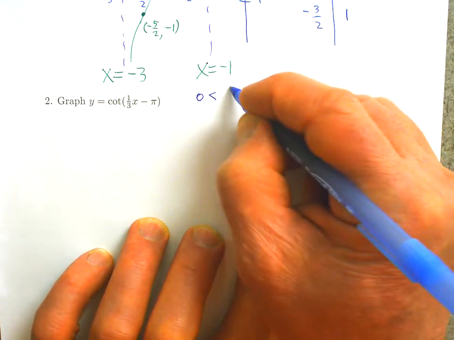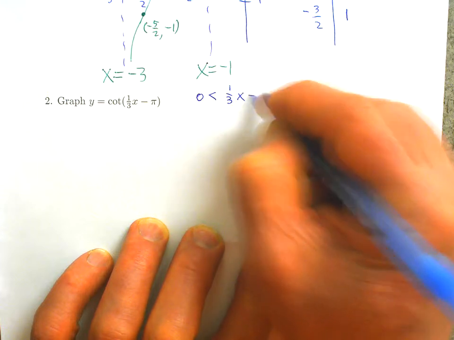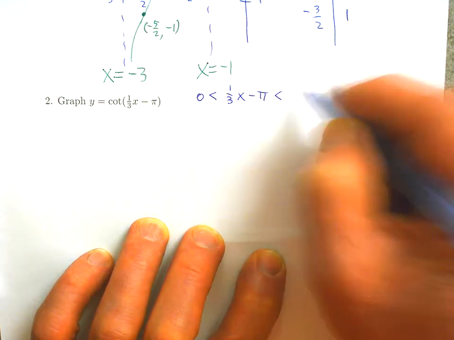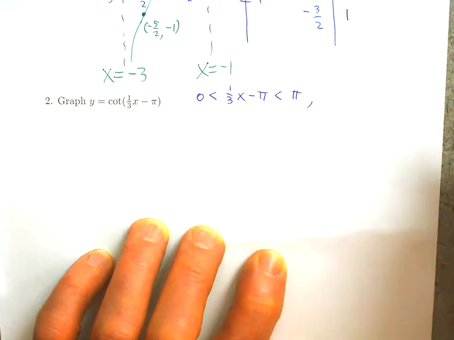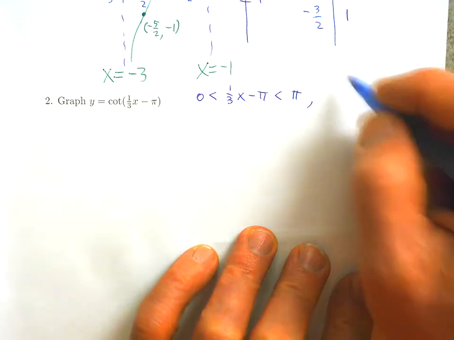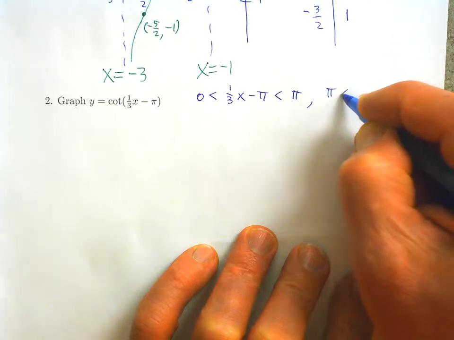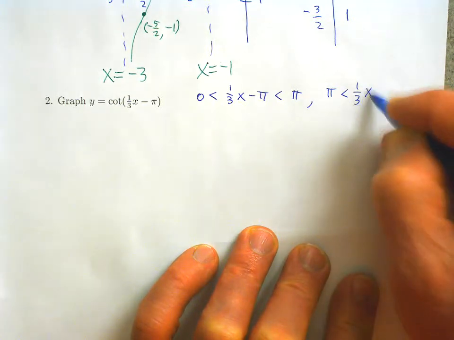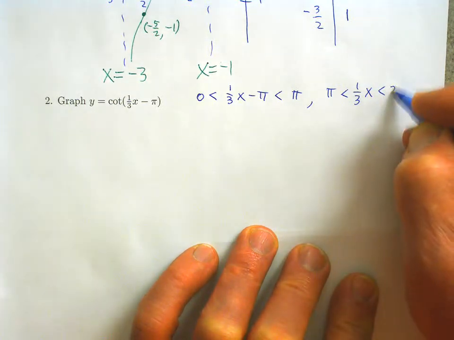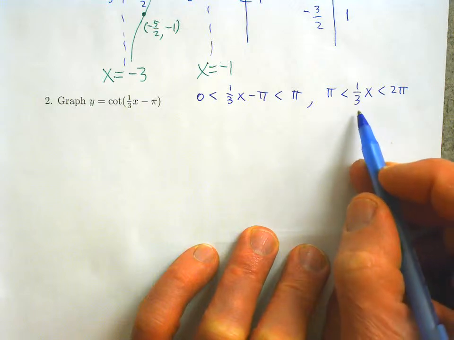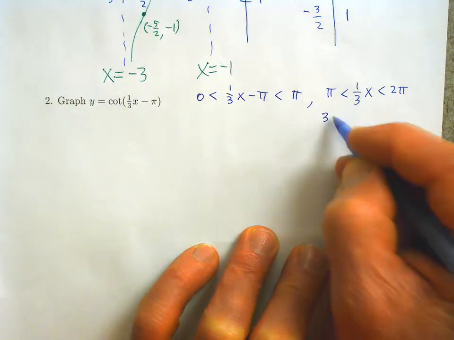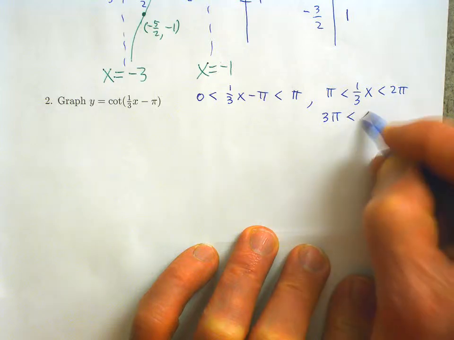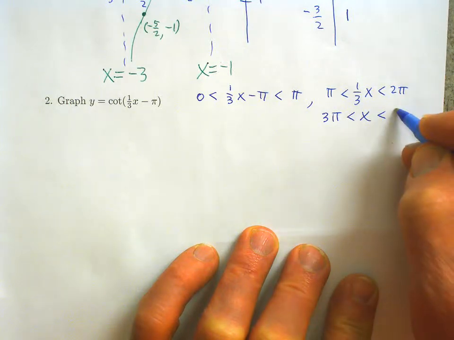So 0 is less than 1/3 x minus pi, which is less than pi. So now we solve for x. We add pi to all three parts, and we get pi is less than 1/3 x, which is less than 2 pi. And then multiply all three parts by 3. We get 3 pi is less than x, which is less than 6 pi.